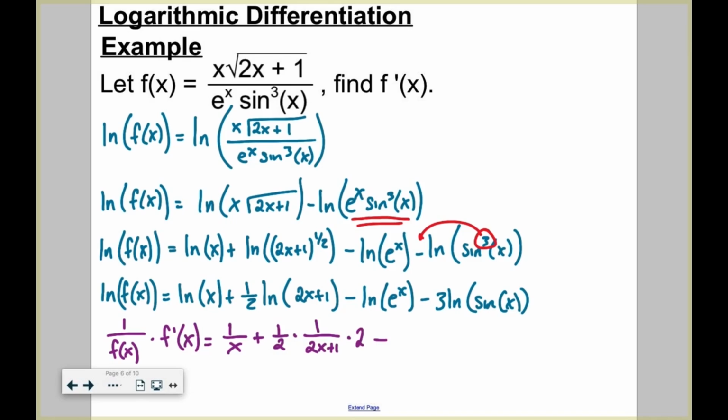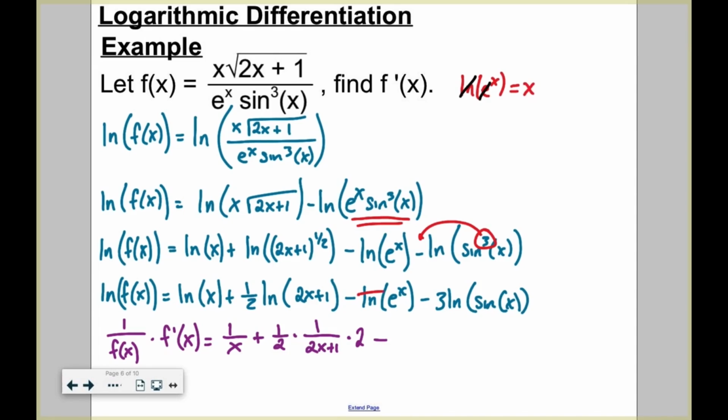Now, with the derivative of the natural log of e to the x, you could take the derivative of the natural log of e to the x here and still get the same answer. However, let's notice here that natural log and e to the x are inverse functions, meaning the natural log and e are going to cancel out, leaving us with just x.